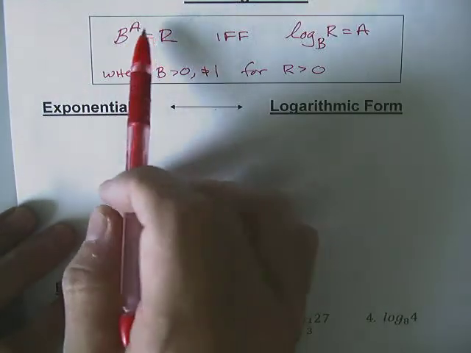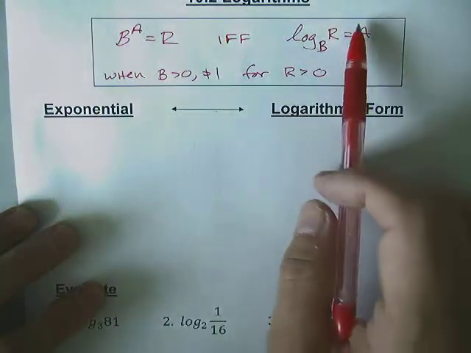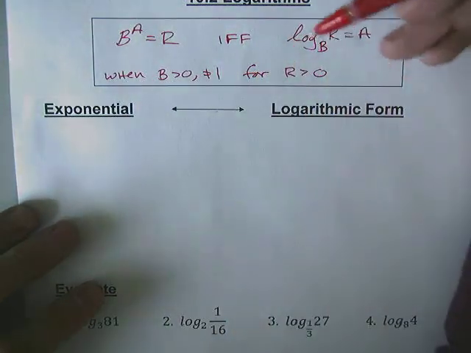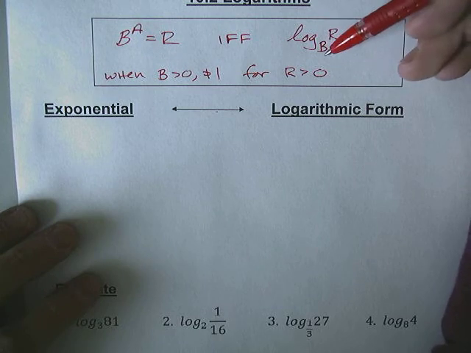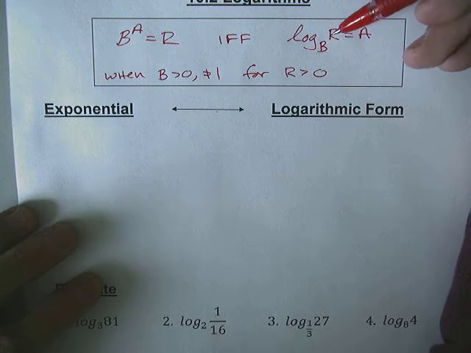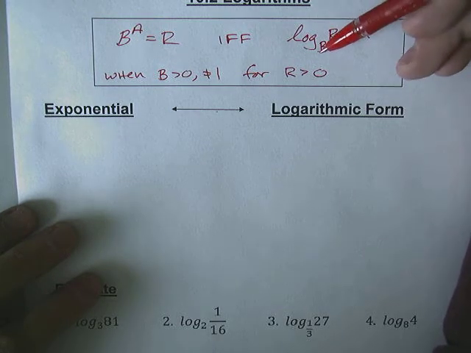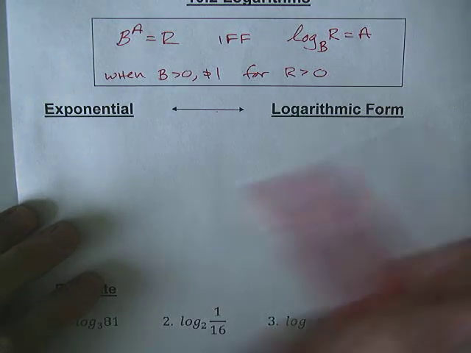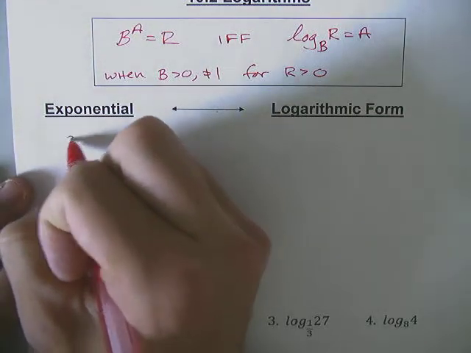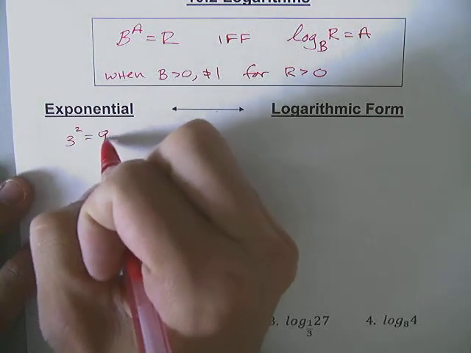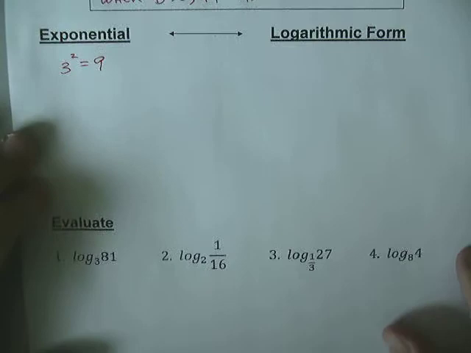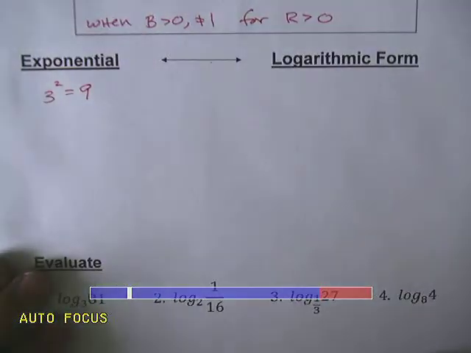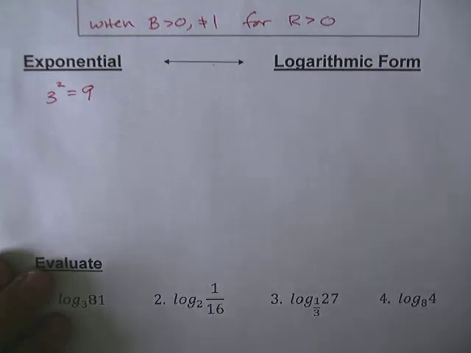So what I would like to start out with is just switching things. This is called exponential form, and this is called logarithmic form. And the way you say this is you say log base b of r equals a. So let's start with some switching from form to form here. Let's go with the example I gave you just a minute ago. 3 squared equals 9.